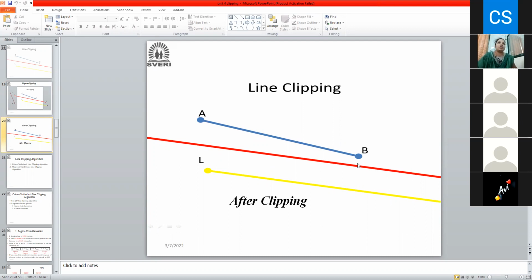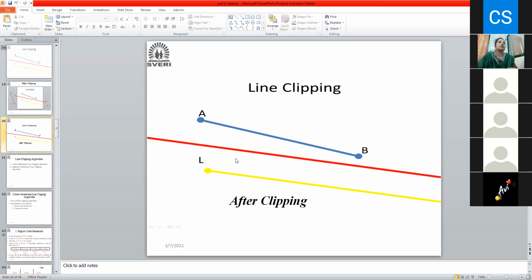AB is totally inside, so it is considered an accepted line. PQ is partially visible, that's why both the endpoints are cut now, because both the endpoints are outside and some portion of the line is passing through the window. So only that portion is considered and the endpoints are eliminated. And for the LM line, one endpoint is inside and the other is outside.